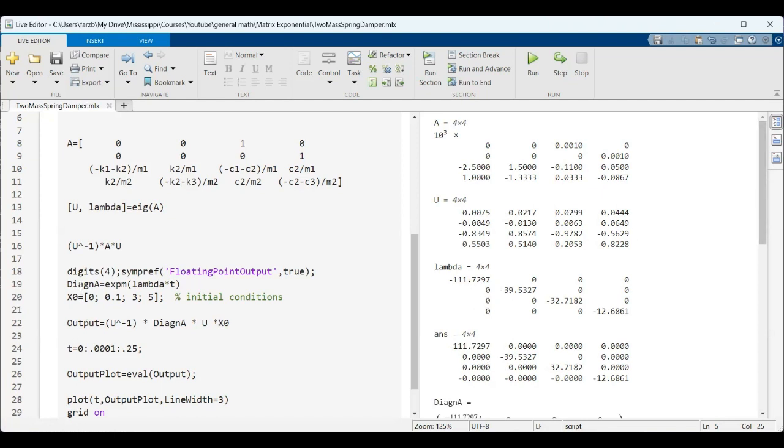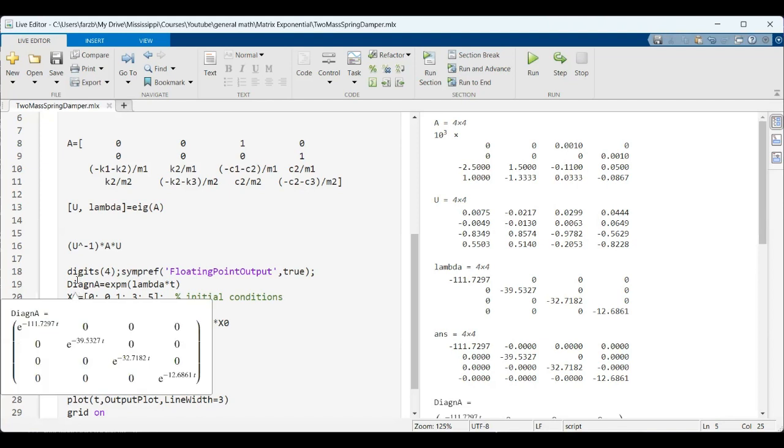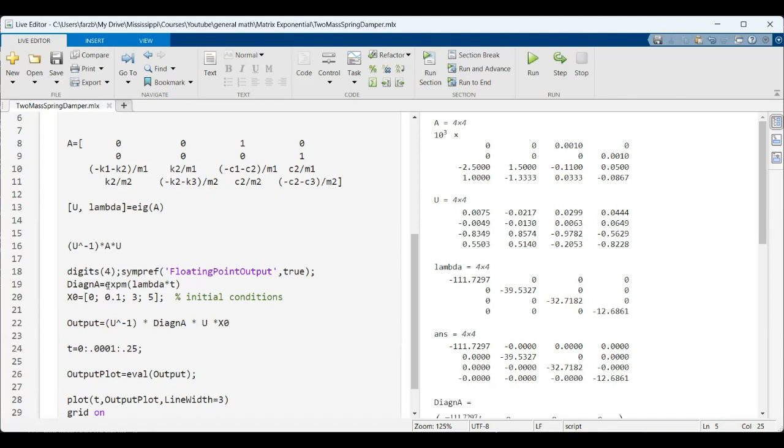So now, we can define the matrix exponential of the diagonal matrix. This is the command that we use for the exp of a matrix in Matlab, expm. So in a sense, it is e to the power of lambda t, that lambda matrix times t. So this is the matrix e to the power of Dt in our video.